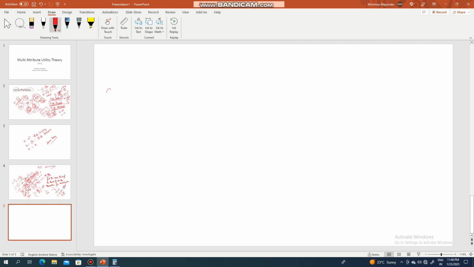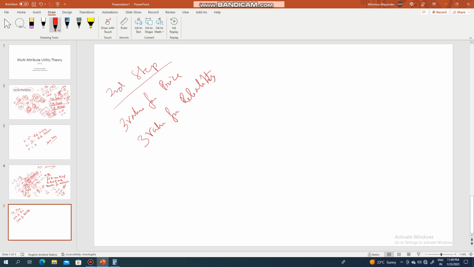So the second step is you have three values for price and three values for reliability. And you have used the ranks, and you have converted them into its inverse value.